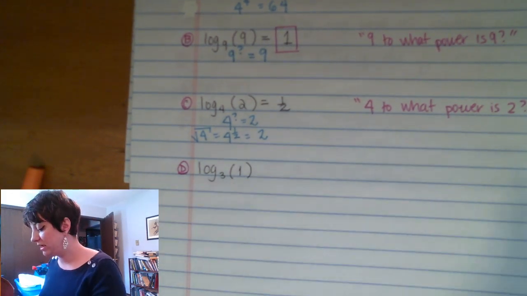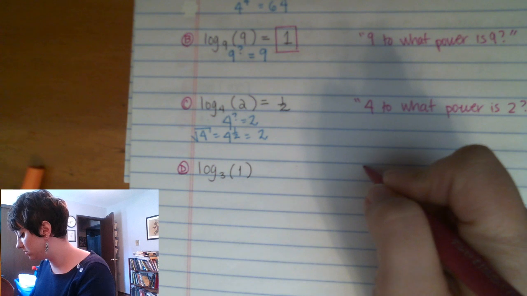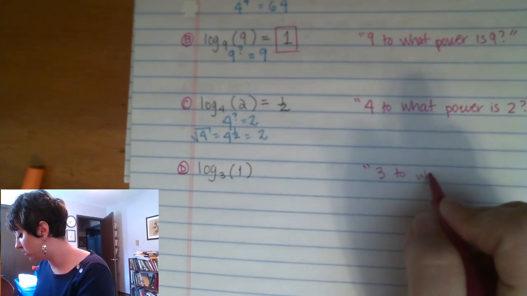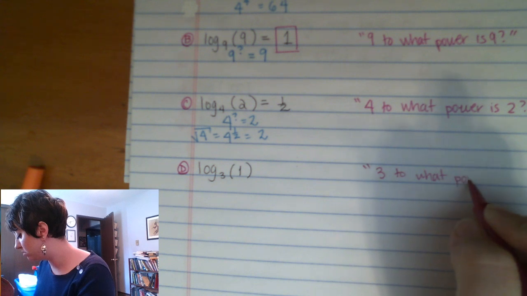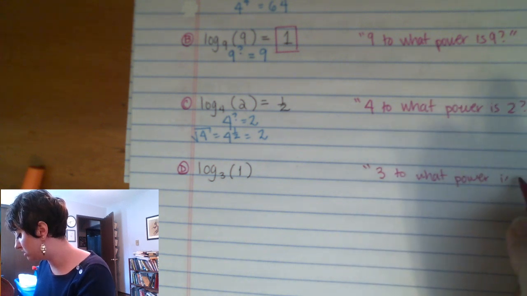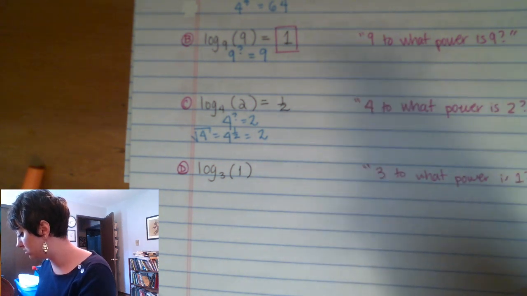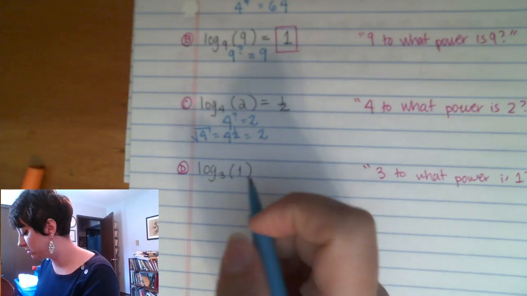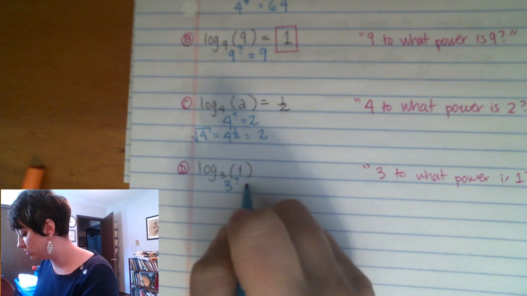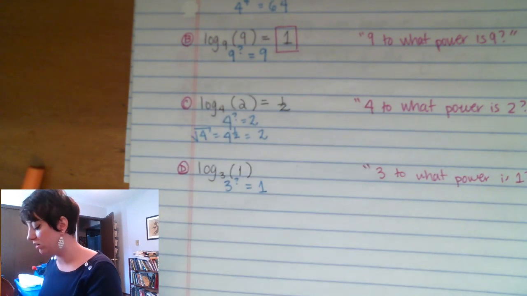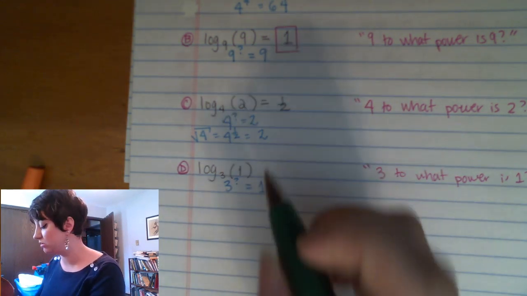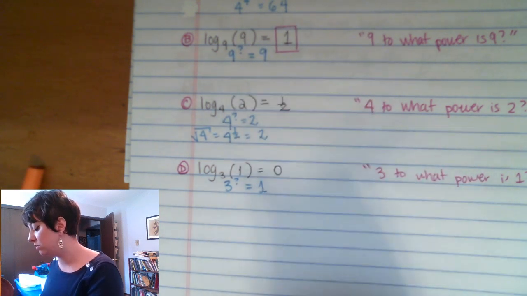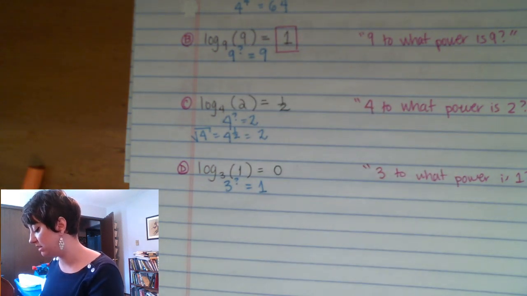All right, log base 3 of 1. 3 to what power is 1? Well, anything except 0 to the 0th power gives me 1. So this one must be 0.